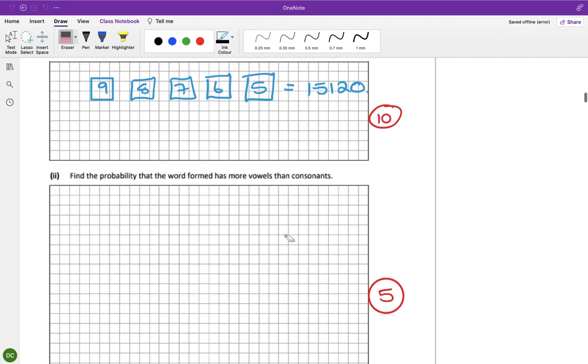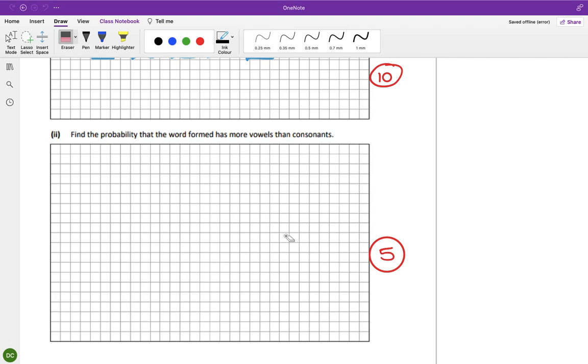Okay, so find the probability that the word formed has more vowels than consonants. So I have 5 vowels and I have 4 consonants.